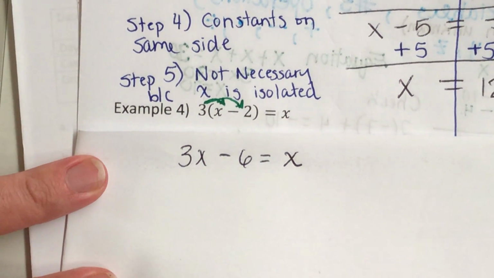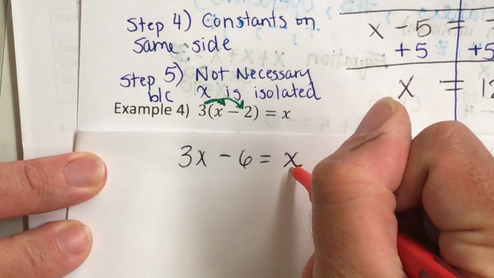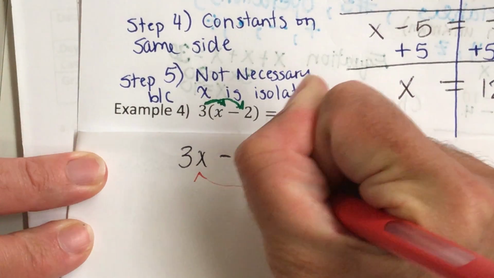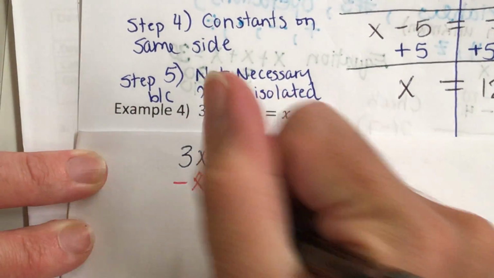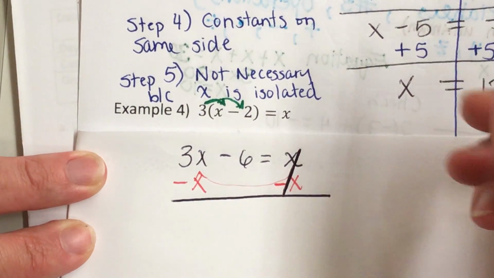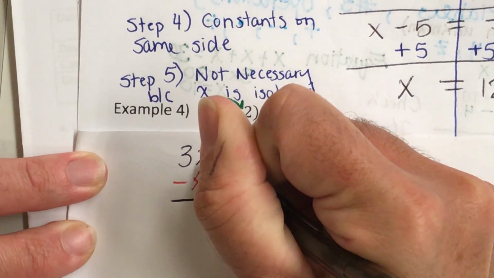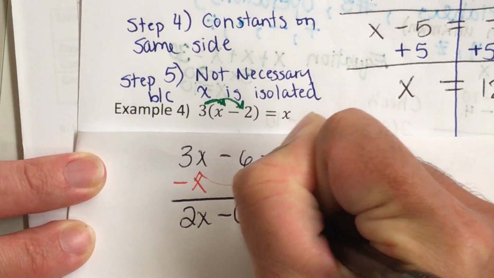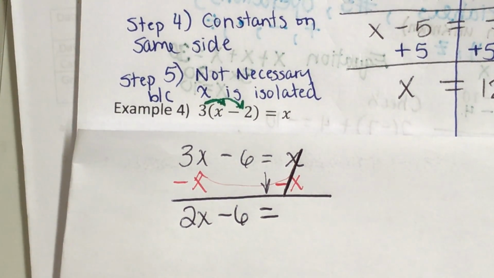What would have happened if I had moved the x over here? Well, like I said, subtract the x from both sides, and it cancels out. Bring down your equals. 3x minus x is 2x. 2x minus 6 is equal to, Miss Greene, I now have an expression.